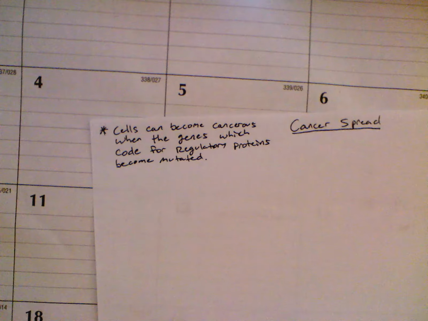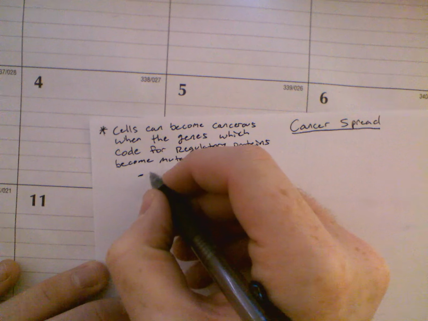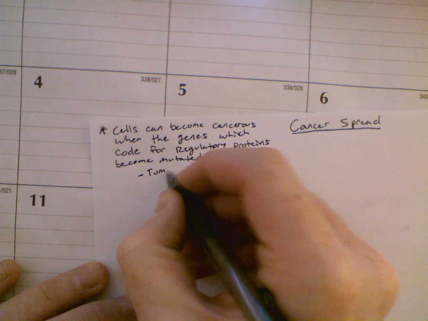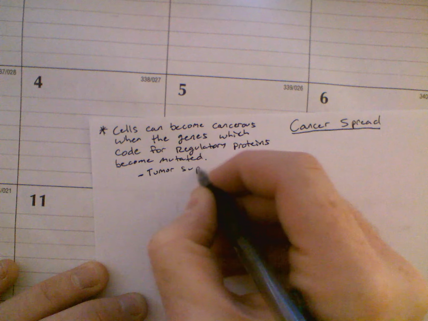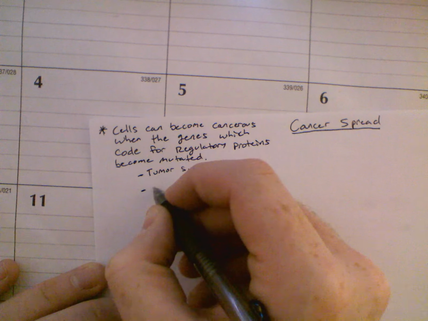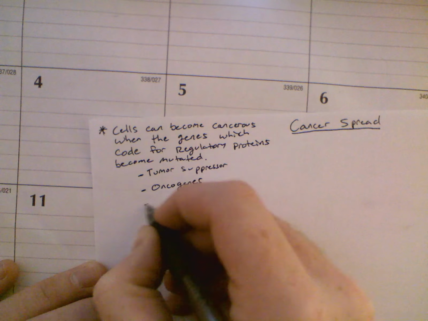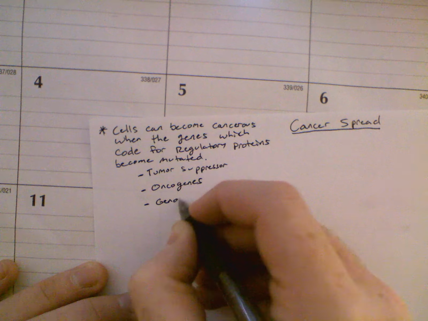There we go. Okay. So there were those three different types of genes here. We had the tumor suppressors, and the oncogenes, and genome maintenance.